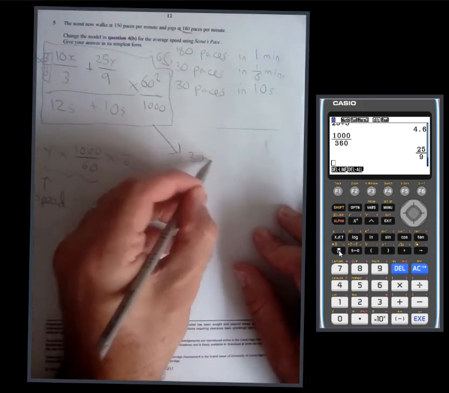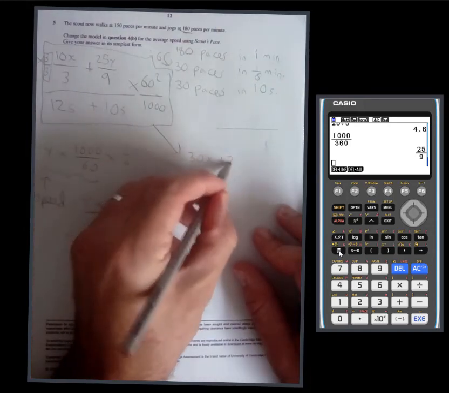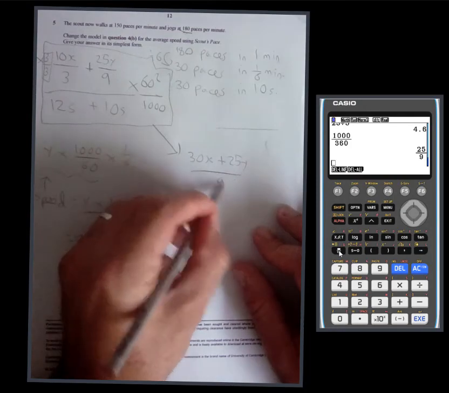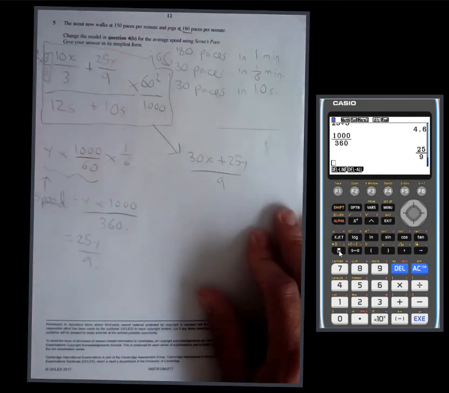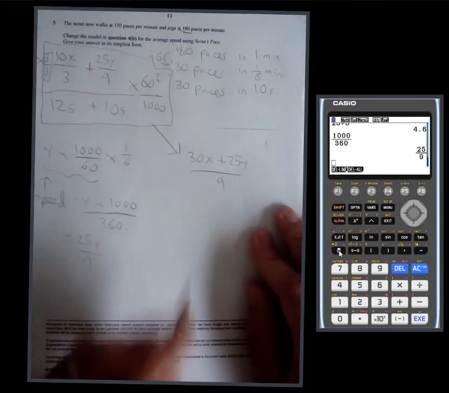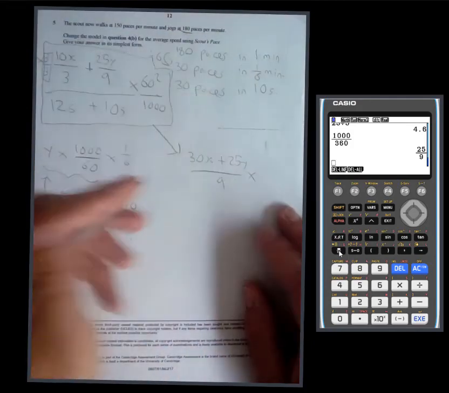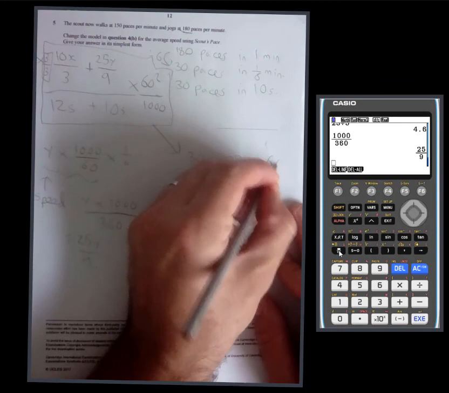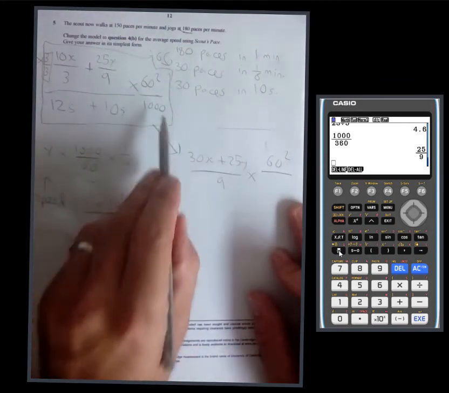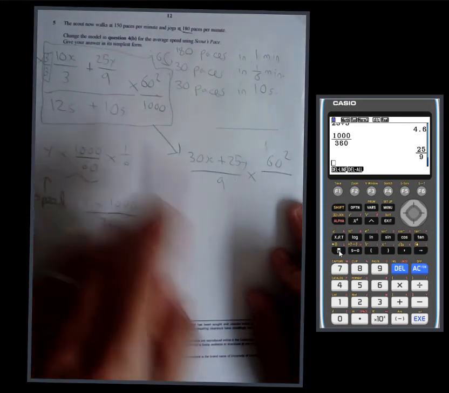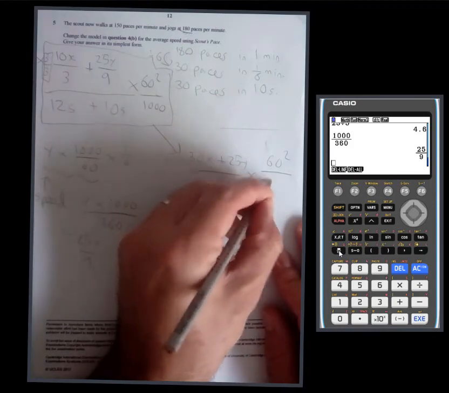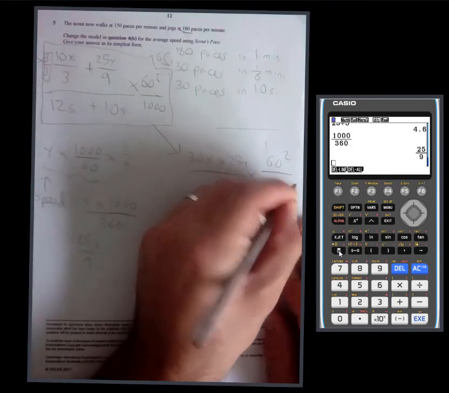So you've got 30x plus 25y over 9. So that's this bit here. Over, in fact, I'm even going to pull this 27 here. So times 60 squared over 1000 times 22, 22 times 1000.